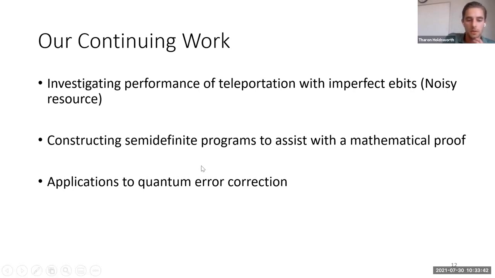We construct semi-definite programs that run optimizations to find the optimal solution and the optimal error threshold. This has application to quantum error correction and a lot of other information processing techniques that are necessary to realize this quantum computing future. If anyone has any questions, I'd love to take them.